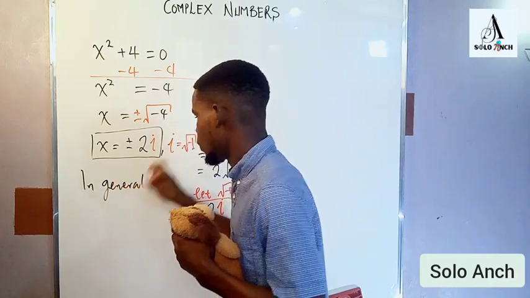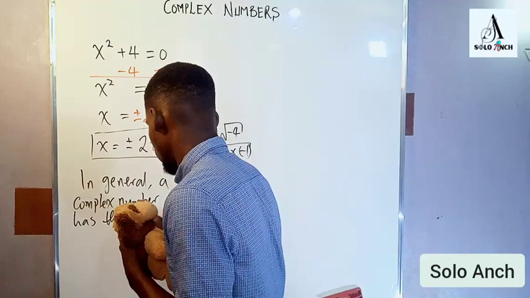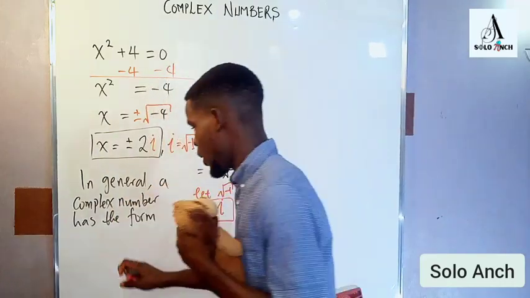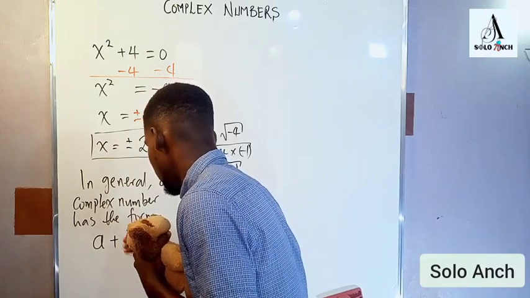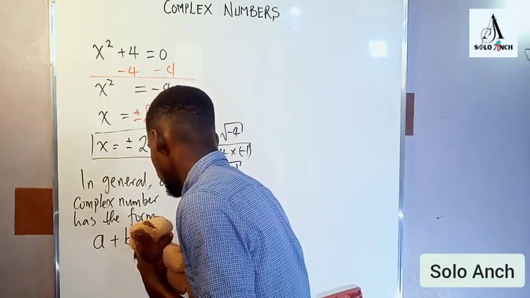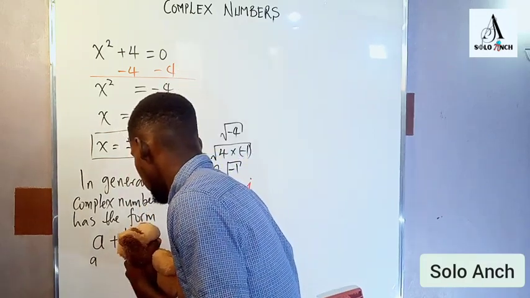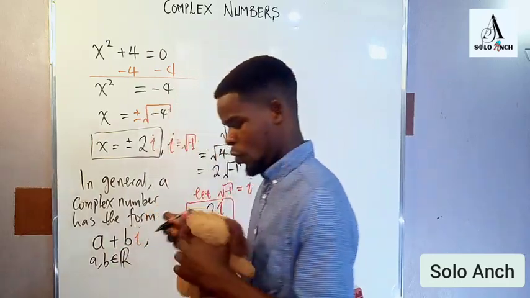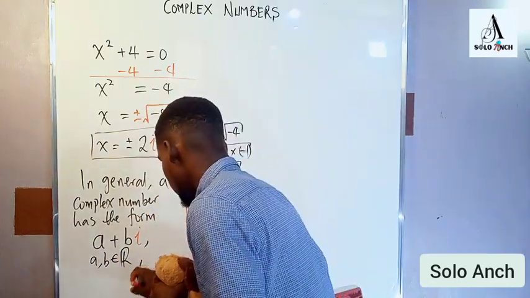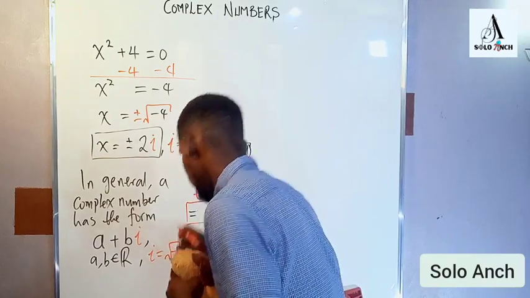In general, a complex number has the form a plus bi, where a and b are real numbers, the numbers we of course know as real numbers, and then i here is the square root of -1 as we discussed earlier.